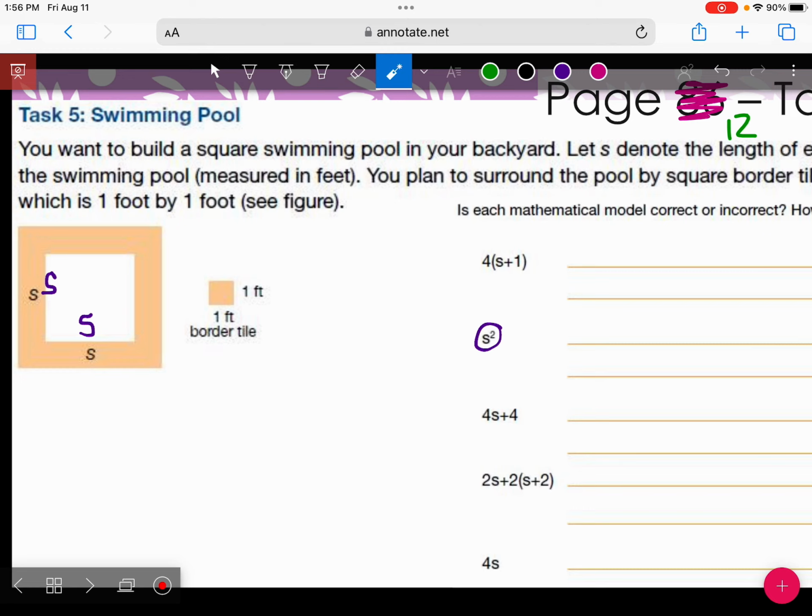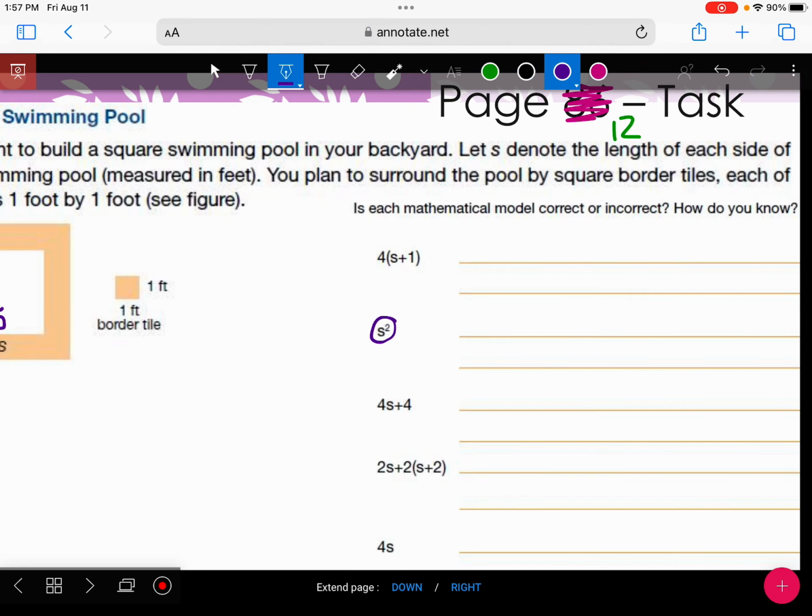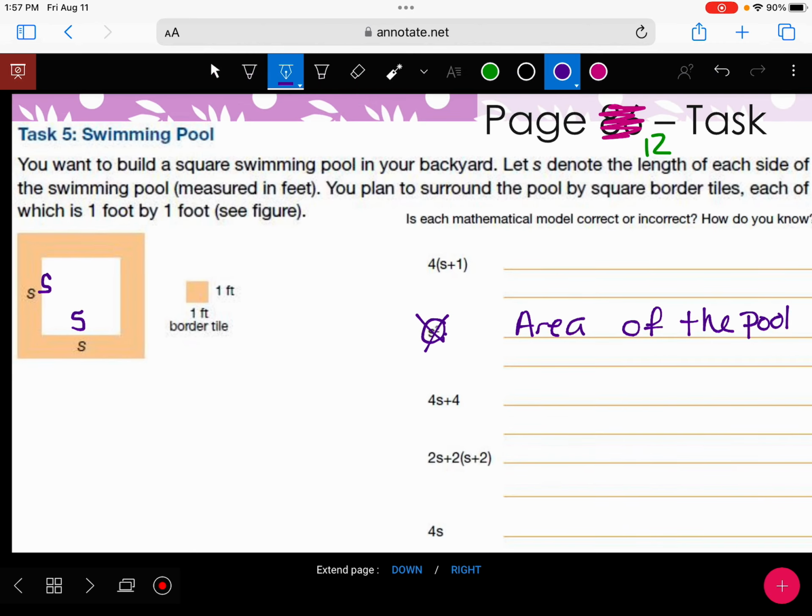What's length times width on a square? It's our area, right? This is the area of the pool. That won't tell me how many tiles I need to buy. That's not helpful.